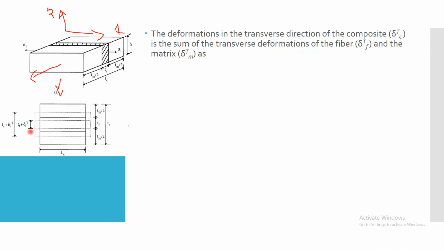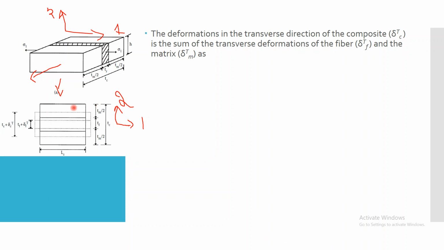So in the top view also you can go for the same thing. This is coordinate 1, this is coordinate 2. So all these deflections are taken in the direction of 2, that is transverse direction.